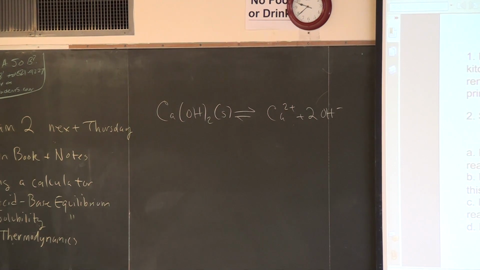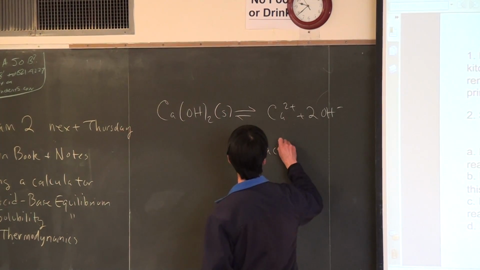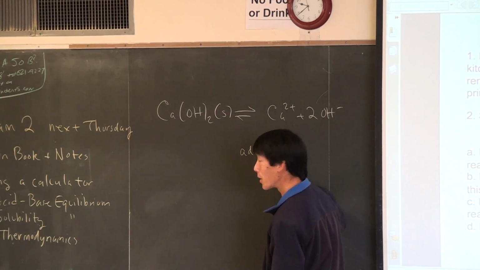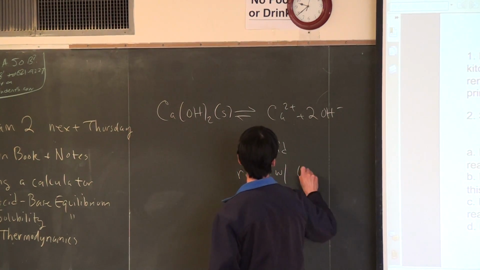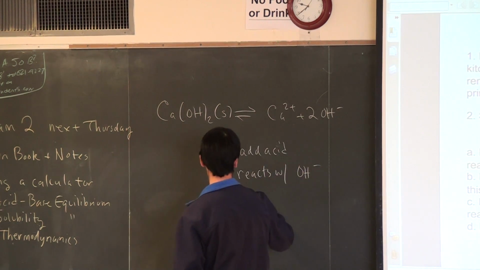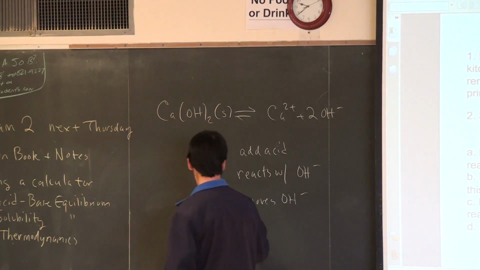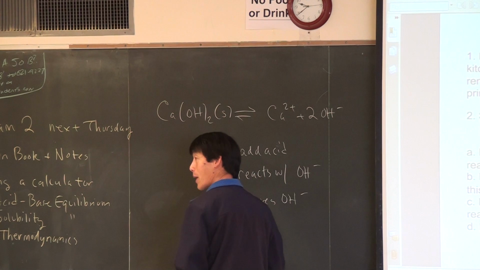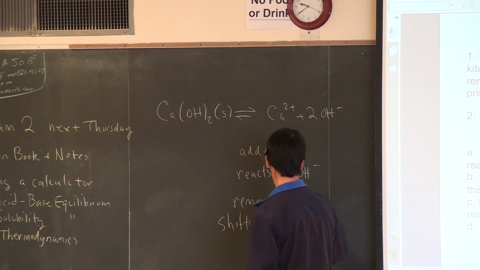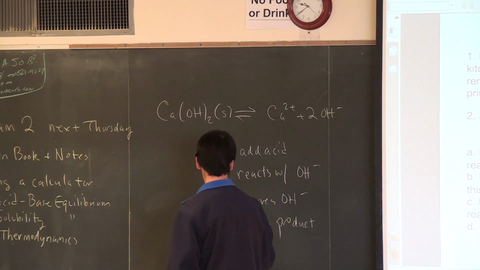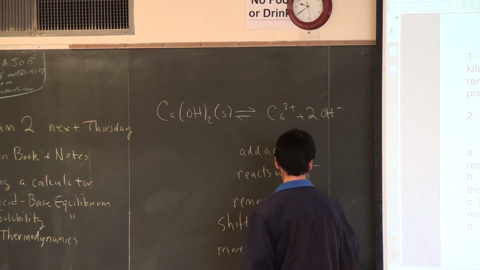If you add acid, it reacts with the OH minus, which means it removes the OH minus, which means the reaction shifts toward the product side, which means that more of the calcium hydroxide dissolves.